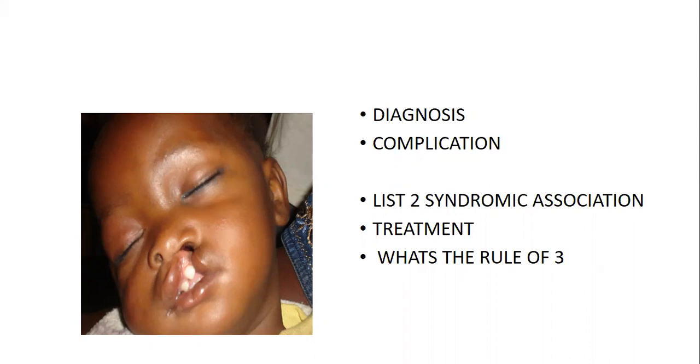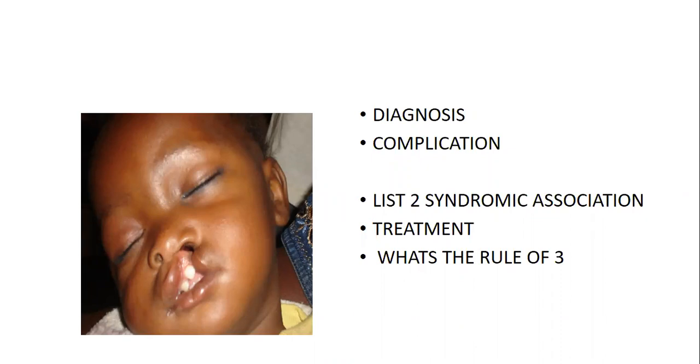The patient hemoglobin must be at least 10 grams per dL. And the patient weight should be at least 10 pounds. So that is the rule of 3. Please note that rule of 3. Patient should be at least 10 weeks of age, should have a weight of at least 10 pounds, and should have a hemoglobin concentration of at least 10 grams per dL. Oh, okay. 10 pounds of weight, right? Yeah. 10 pounds of weight.